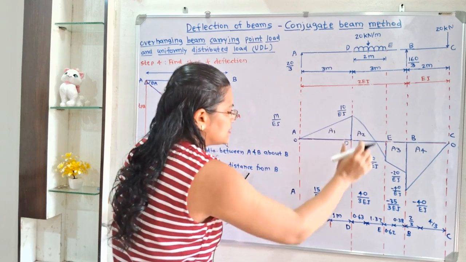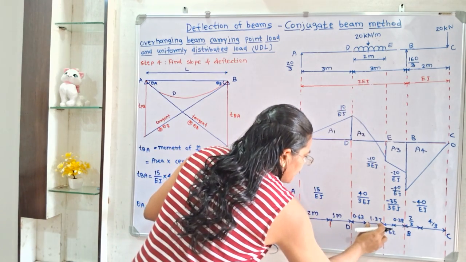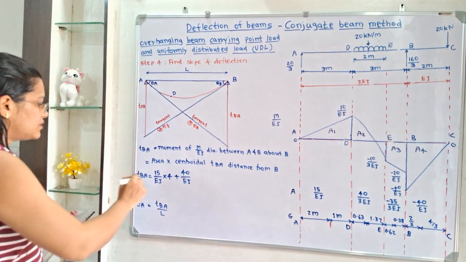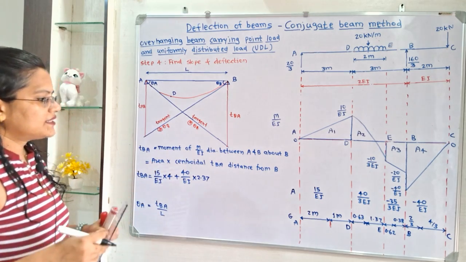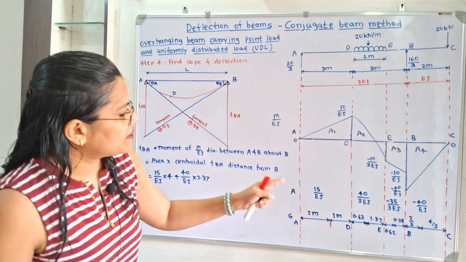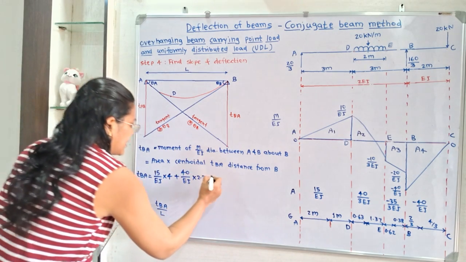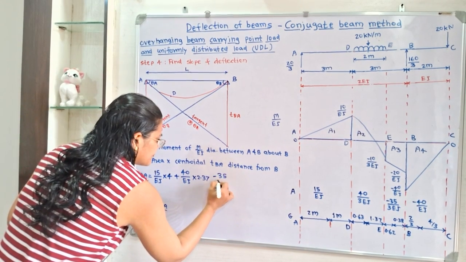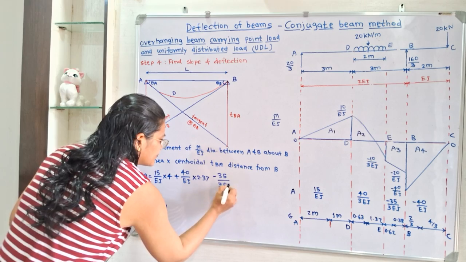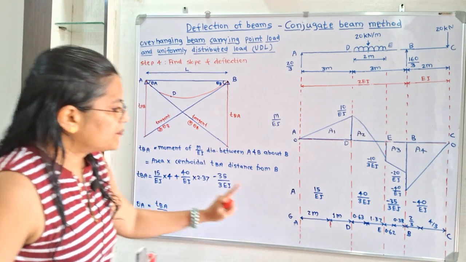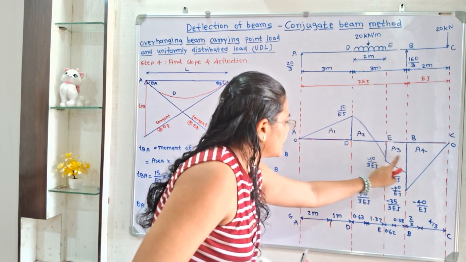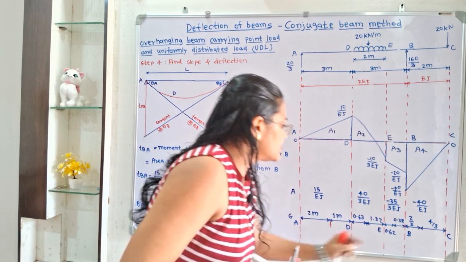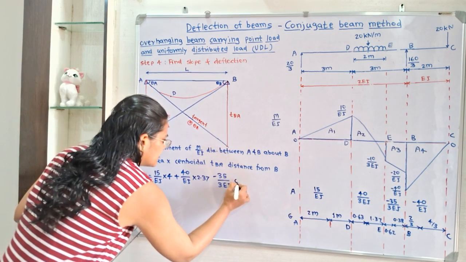So EB distance is 1 meter. So 1 plus 1.37, that is 2.37. Now next is minus 35 by 3 EI, multiplied by the centroidal distance. This is the centroid in area A3 and this distance is 0.38.